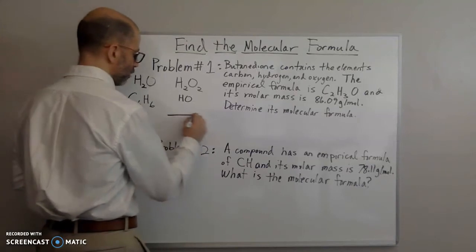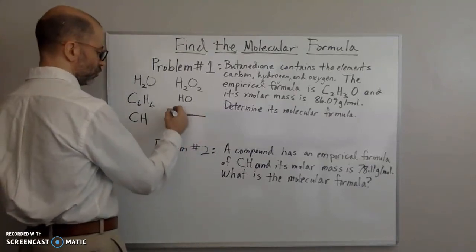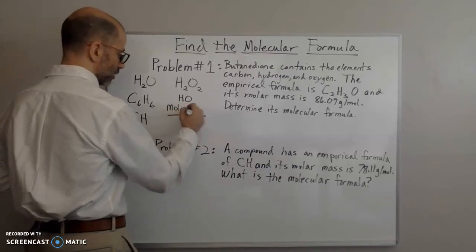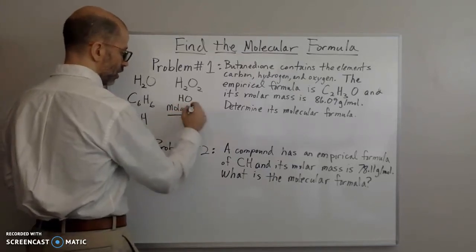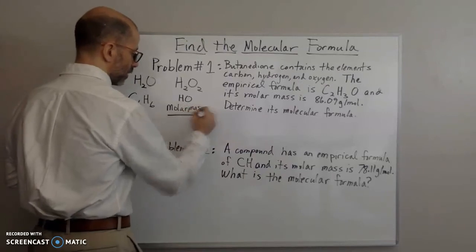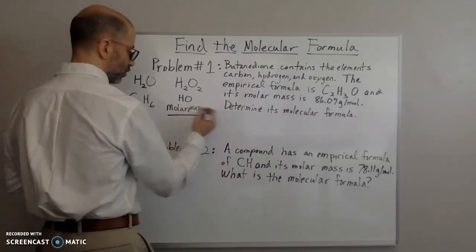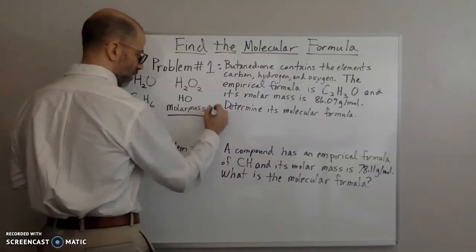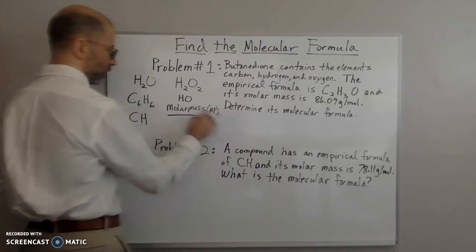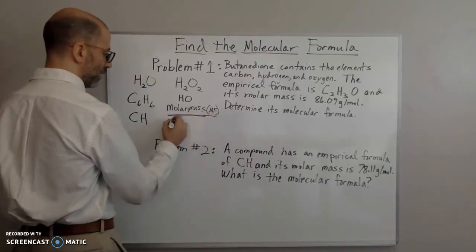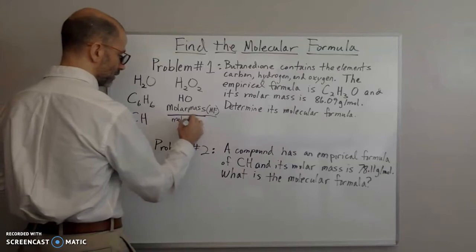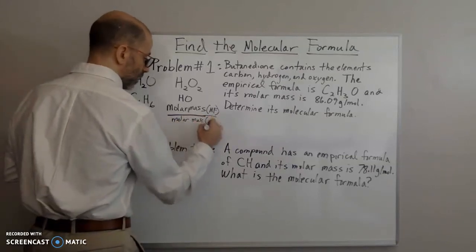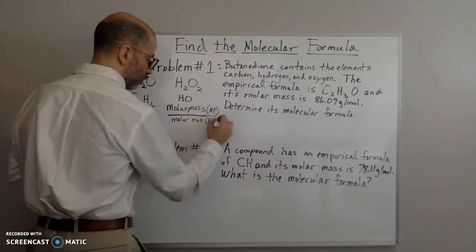So if they give you the molar mass of the molecular substance, of the molecular formula, right? So I'll just put MF for molecular formula. And then you're going to divide that by the molar mass or formula mass of the empirical formula that you found or that you're given.